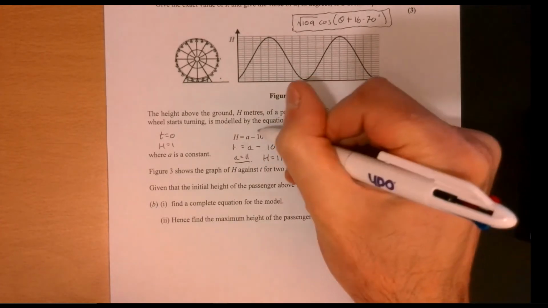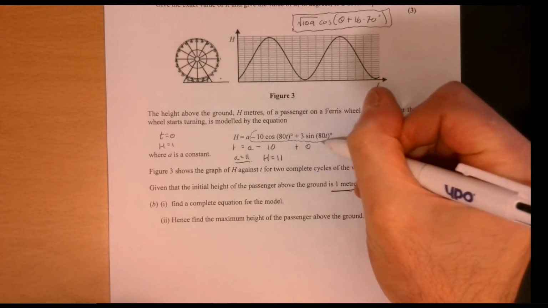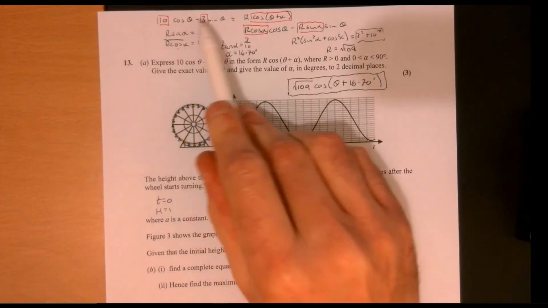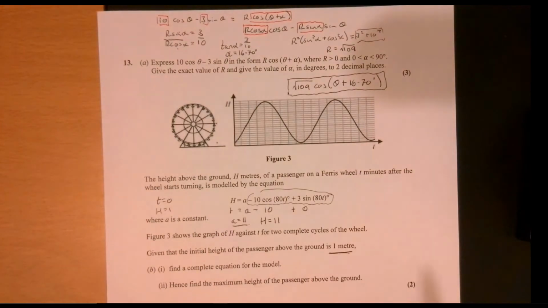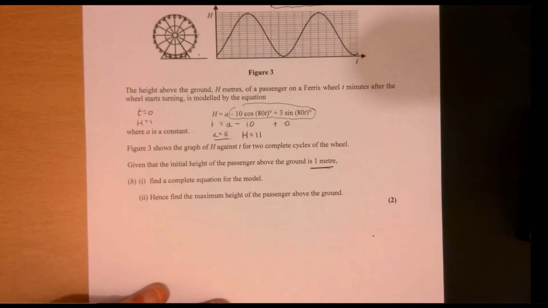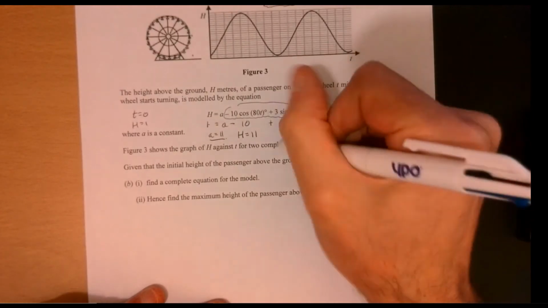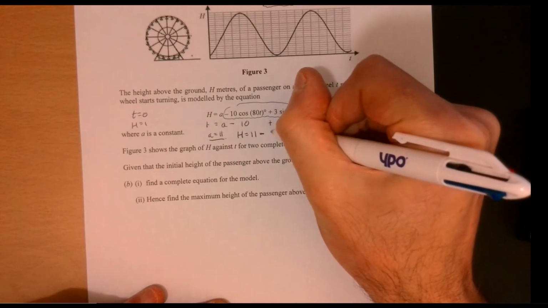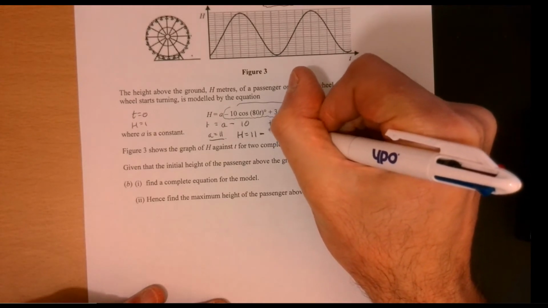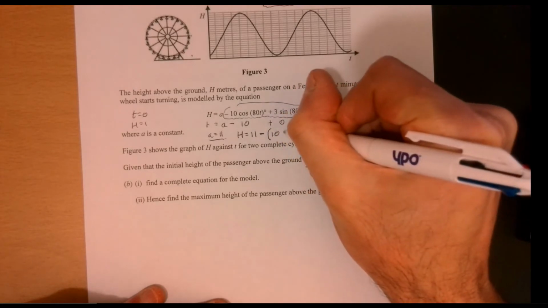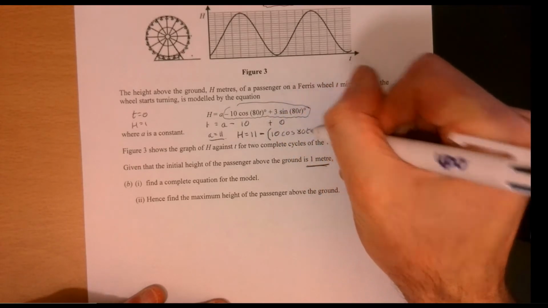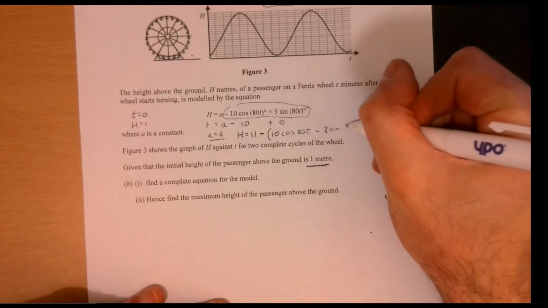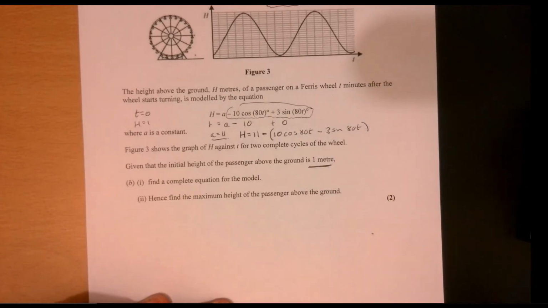Now I'm going to do a little trick here, because look at this part here. It's the same really. It's in the same format as what we started with, apart from the signs. So if I were to take out the minus, maybe just think about how I can rewrite this, it then becomes 10 cos 80t, take away 3 sine 80t, so that's now in the same format as what we needed.